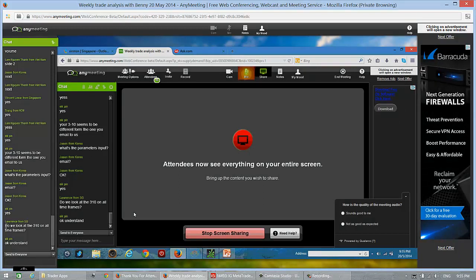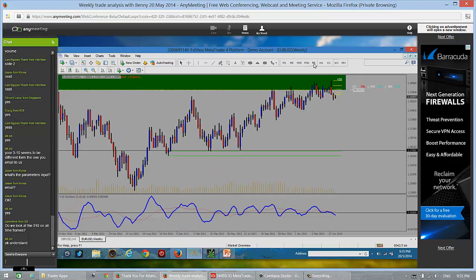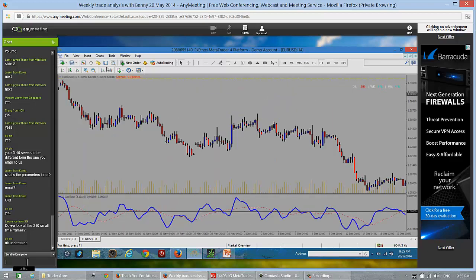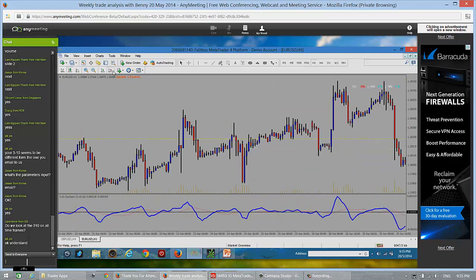Okay. Let's see, someone asks, do we look at 310 on all time frames? I don't understand what I mean, right? For me, if the entry time frame is the daily, I only look at the daily. That's it. I don't have to switch around like weekly, then look at the 4 hourly for the 310, or look at the 1 hourly for my 310.